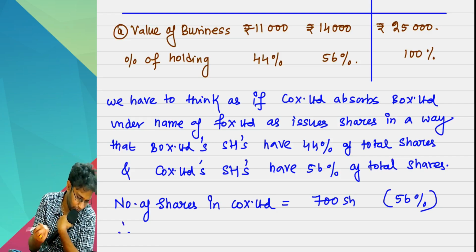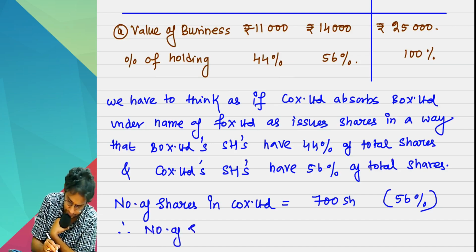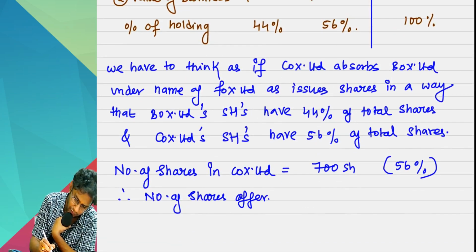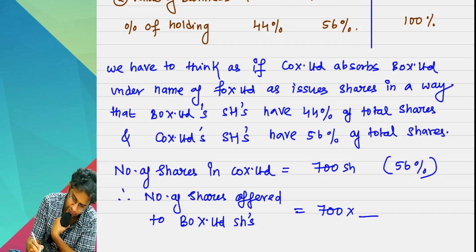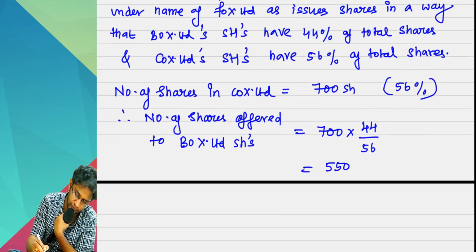Therefore, number of shares offered to Box Limited shareholders: if 700 is 56, how much is 44? 550 shares.